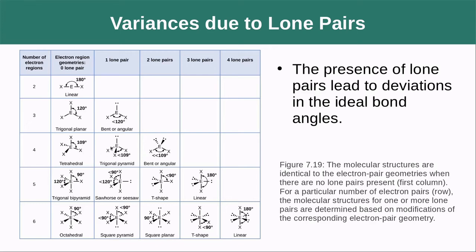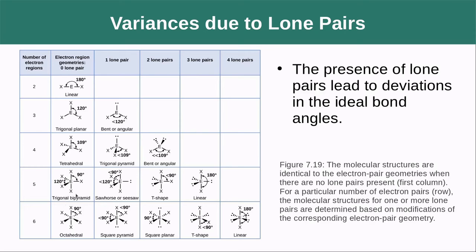However, when we put the lone pair here, it pushes all three of these down a little bit, and we're going to get less than 109 degrees. Again, if we put two lone pairs here, they're going to really repel each other a lot. That's going to push these two much closer together, and we're going to expect much less than 109 degrees. This would be the situation in something like water.